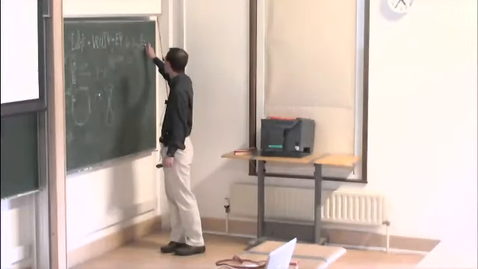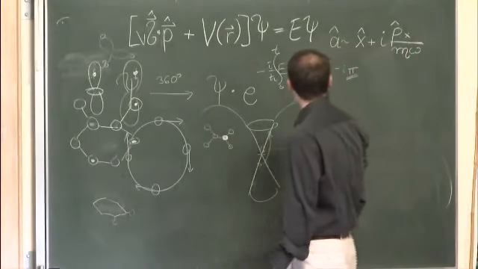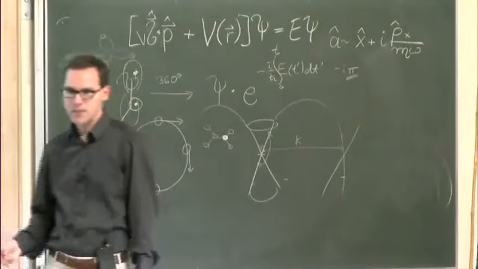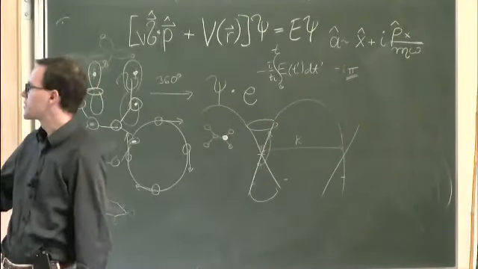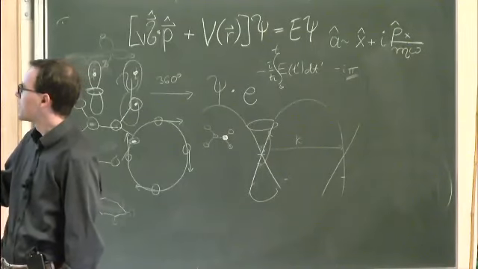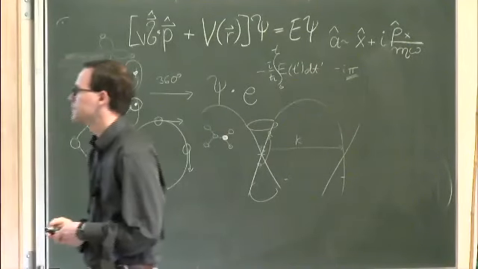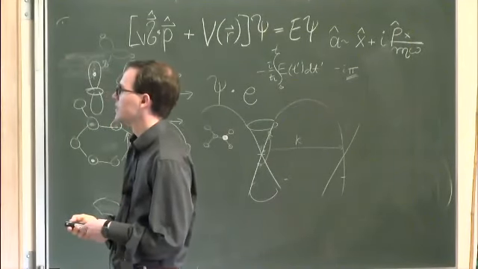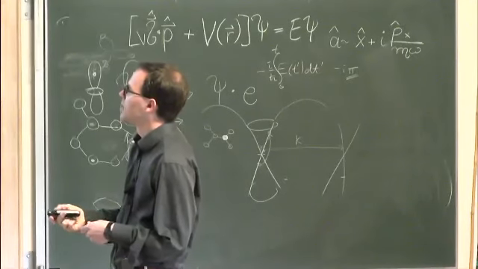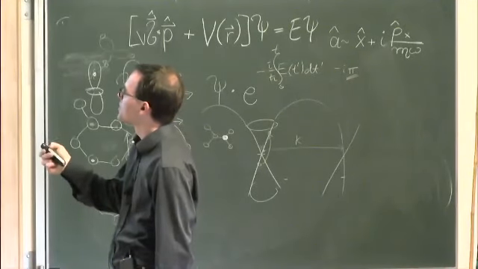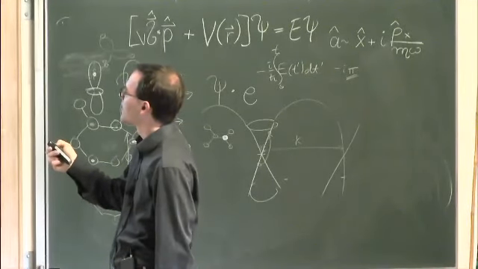Like this. Okay, so x plus iP essentially. And we spot the same structure here, the momentum and the coordinate. So that means you want to introduce this combination.